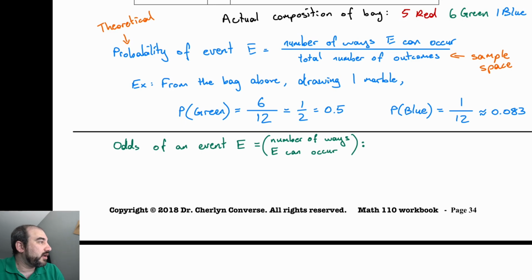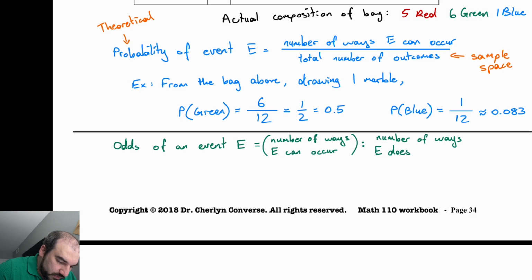Number of ways that E can occur, to, the number of ways E does not occur. Right, so a number to another number, and it's essentially how many ways can this event happen, and how many ways can this event not happen.